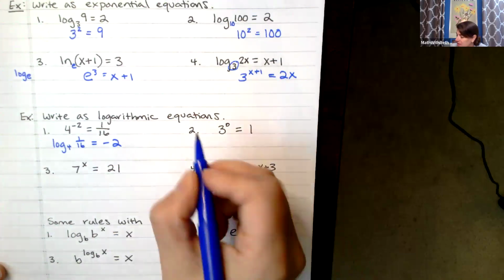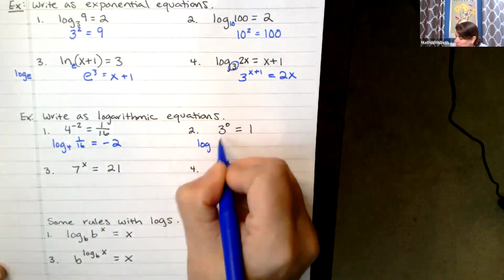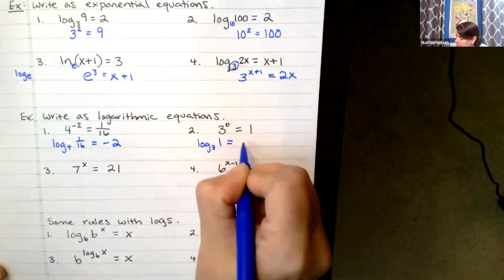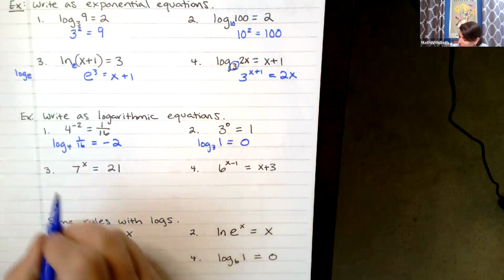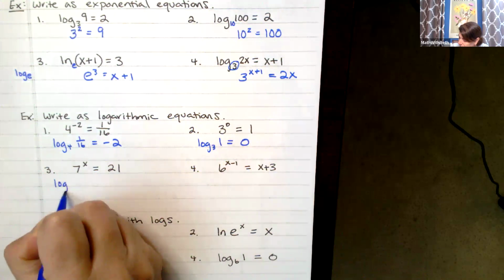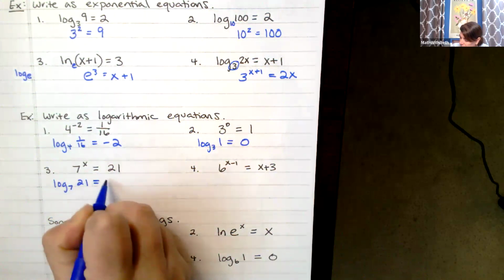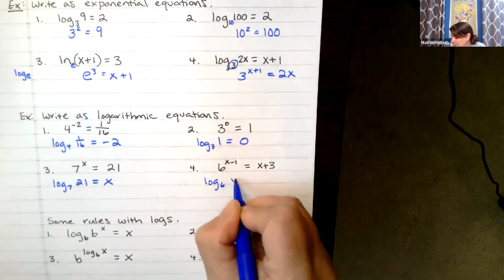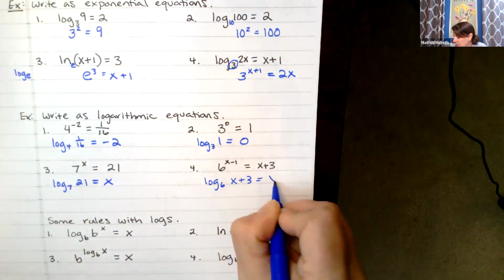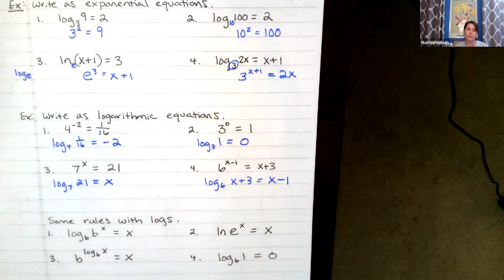So it just takes a little practice remembering what goes where. So maybe pause and try the next two and then see if you get them right. The sooner you get more comfortable with this, the easier dealing with all these logs will be.